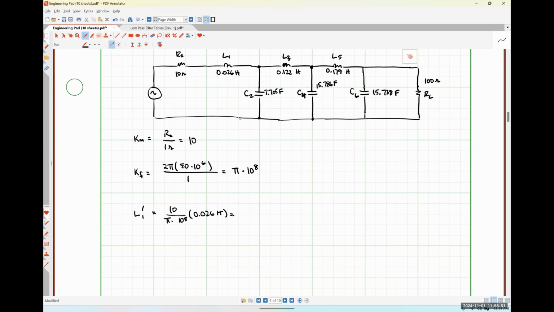So 0.026 divided by pi times 10 to the 7 is 8.276 times 10 to the minus 10 henries.